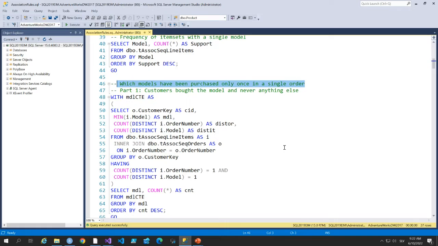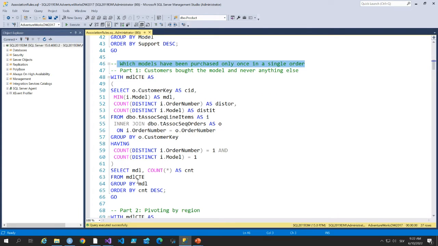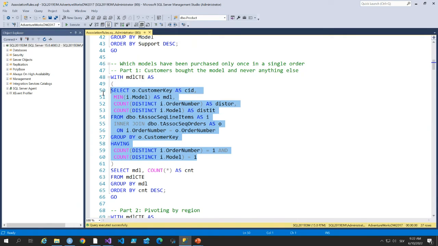These are, let's say, really negative models. So I am joining these tables to get the possibility to group over customer key, and I'm searching for those that have a single order and a single model in this order.